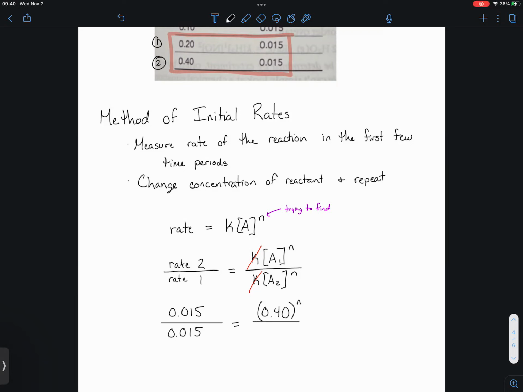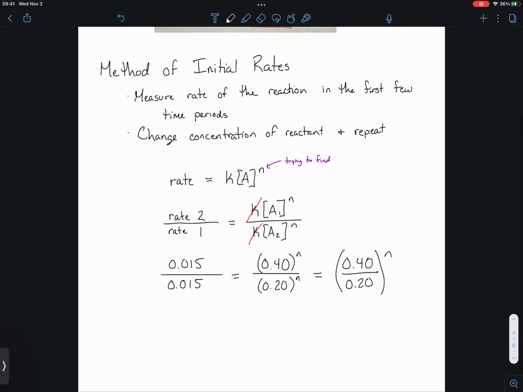My concentration at point 1 was 0.20 to the power of n. Importantly, because of how exponents work, this would be the same as 0.40 over 0.20 to the power of n. So I can do that division before I raise to the power of n.